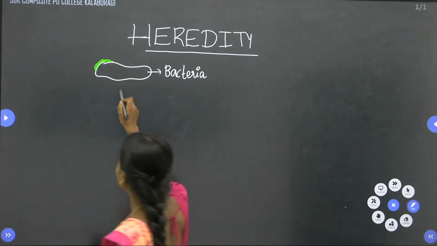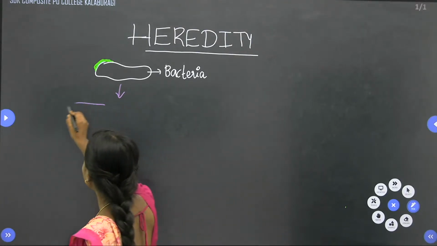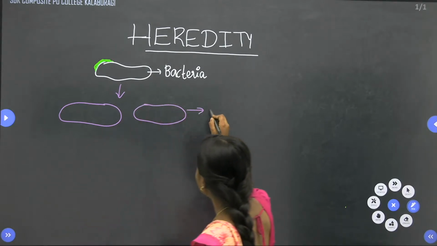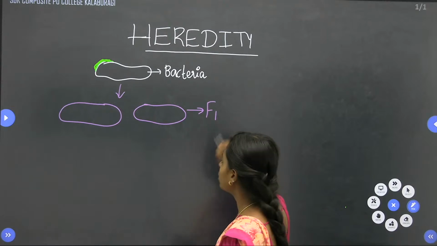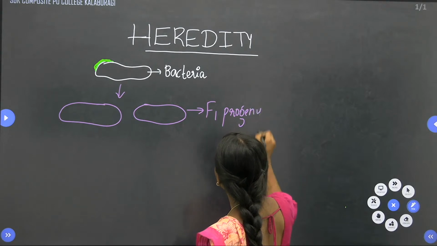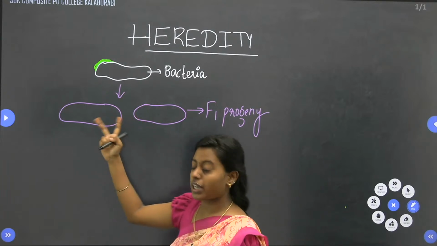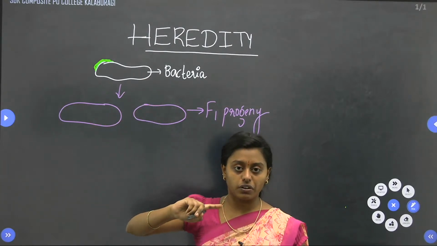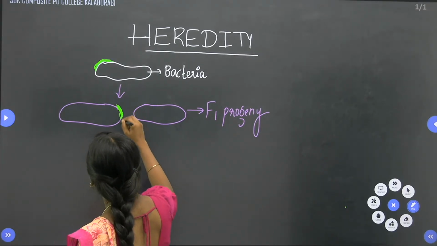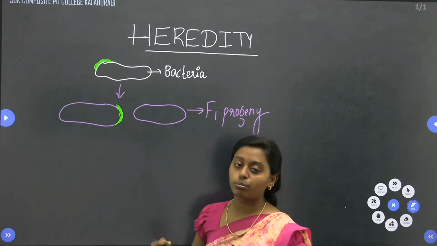Once this bacterium undergoes reproduction, it gives rise to two offspring. This is the first formed progeny. Two individuals can be formed from the one parent with some change in the characteristic features. Either one progeny can have this special character and another progeny cannot.